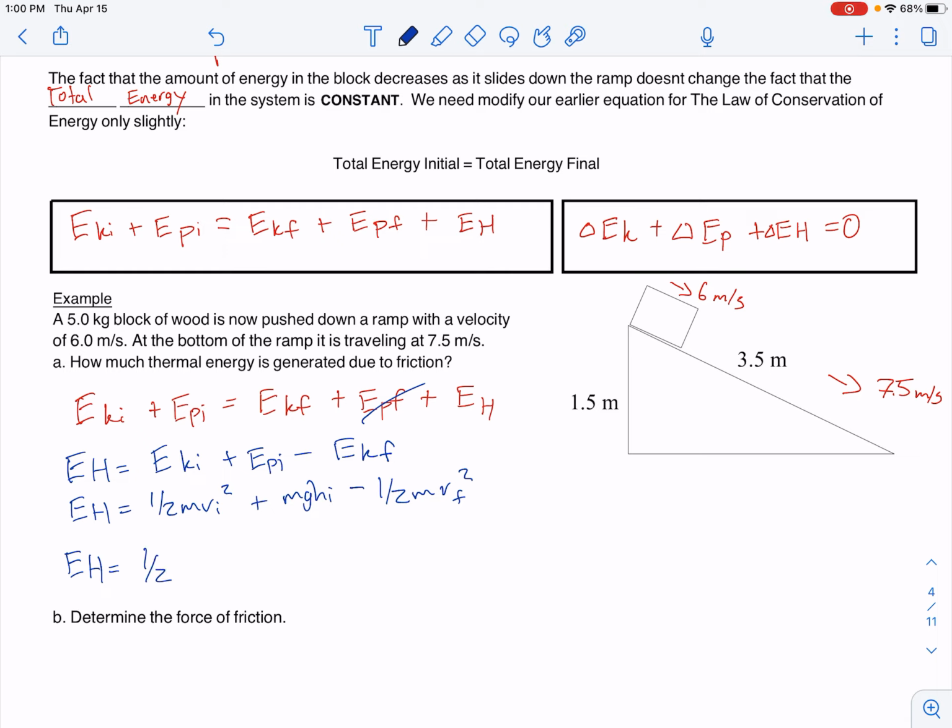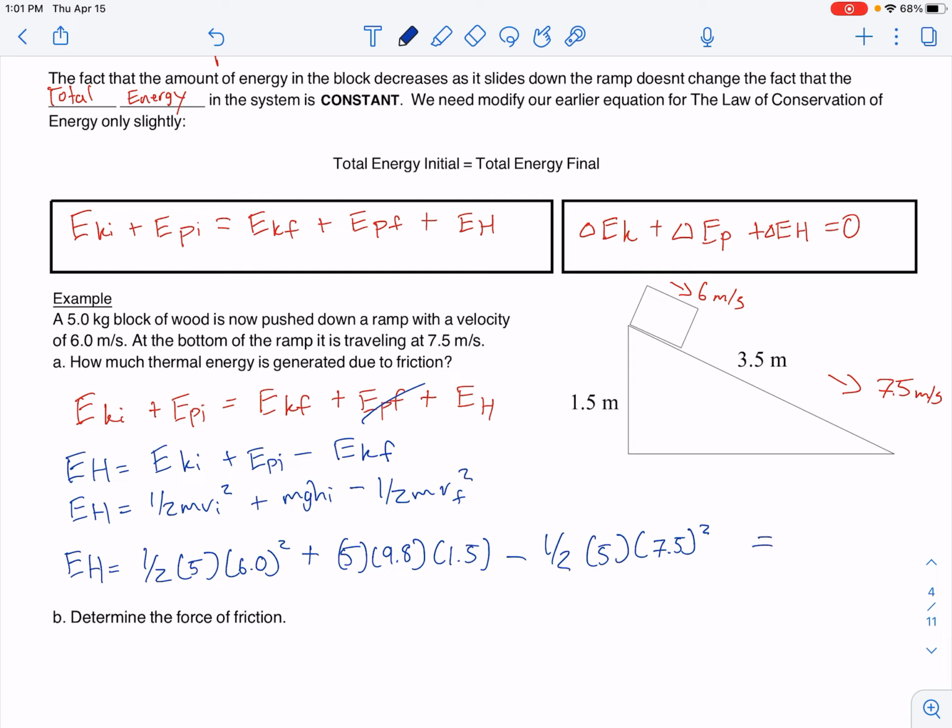It is moving at the beginning, so it's not going to be 0. So our mass is 5, our initial velocity is 6 squared, plus mass, gravity, height. So 5, 9.8, 1.5. And then we're subtracting the kinetic energy at the bottom. So it's 1/2 times 5 times 7.5 squared. Plug this all in.